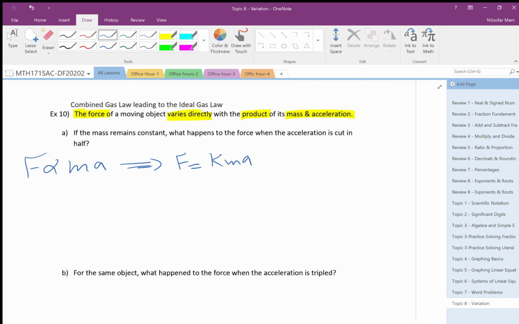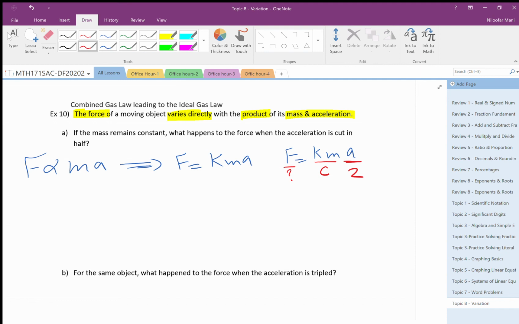What happened to the force when the acceleration is divided, is cut in half? Okay, so when I say constant, so see I have F equal kma. So acceleration is divided by 2, that's constant. So what happened to this one? Okay, so yes, F is also cut in half.